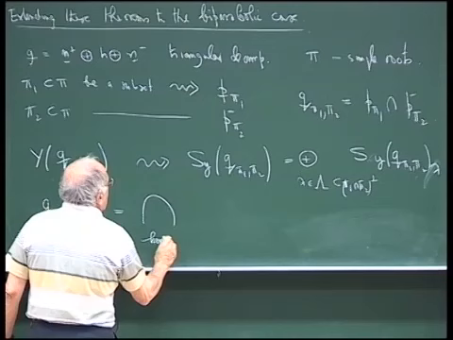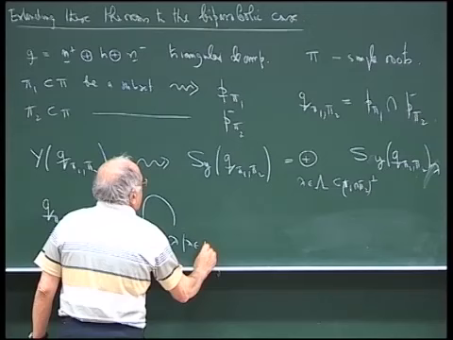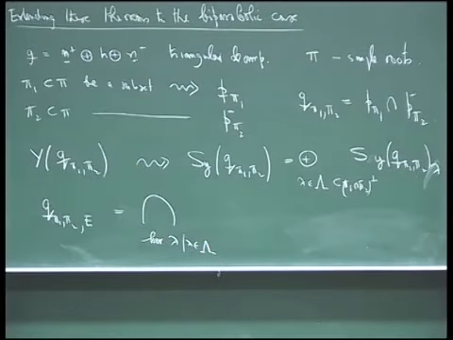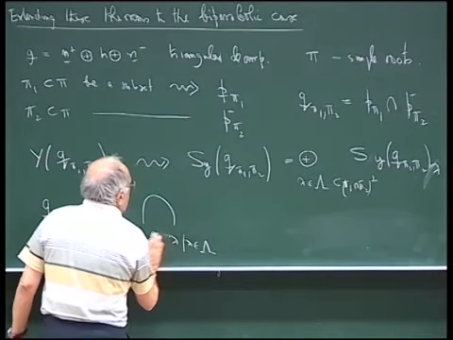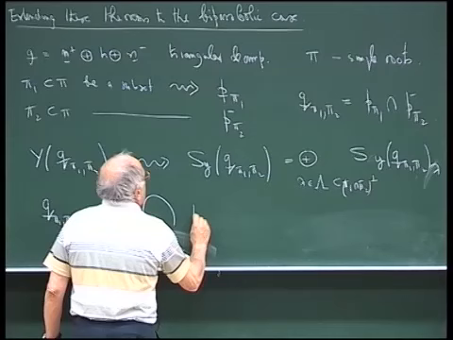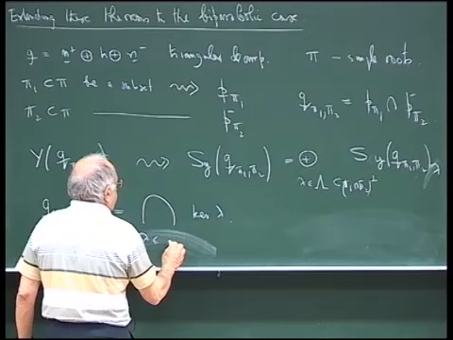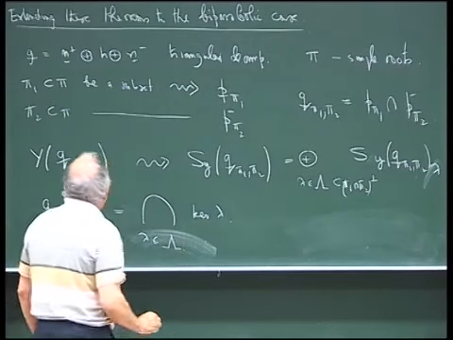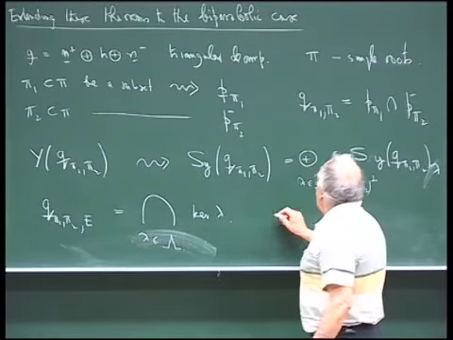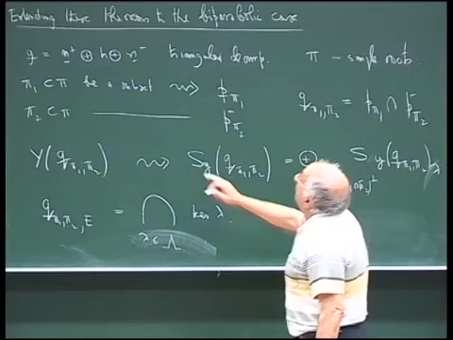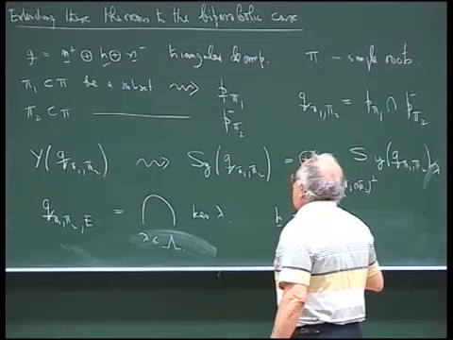It's just the kernel of the lambdas as lambda runs through this set lambda of weights. And all that's happening is that you've taken your Cartan subalgebra here and similarly truncated it.